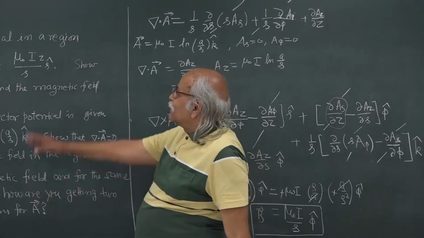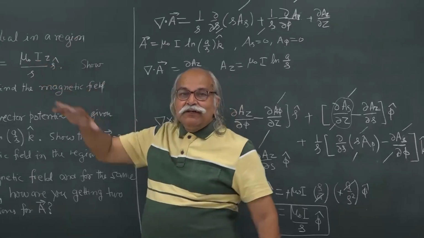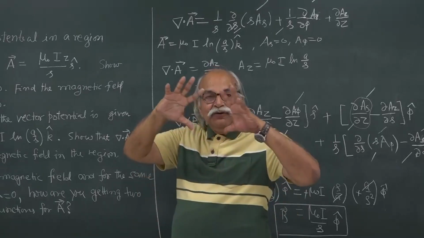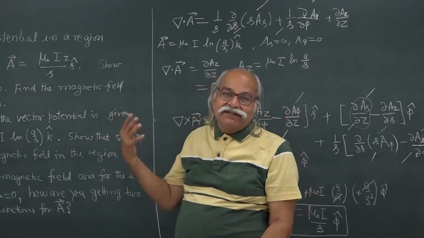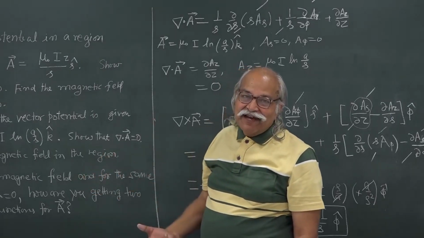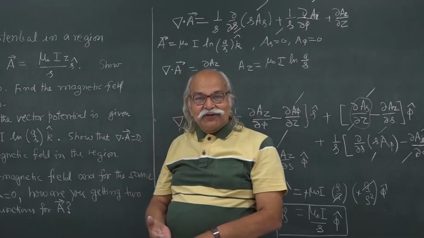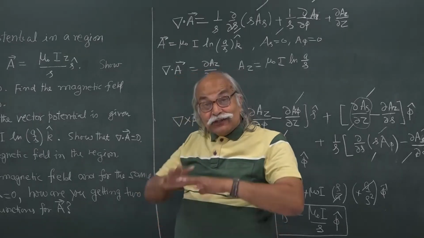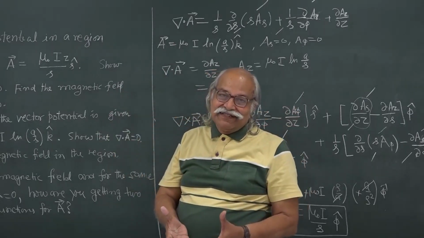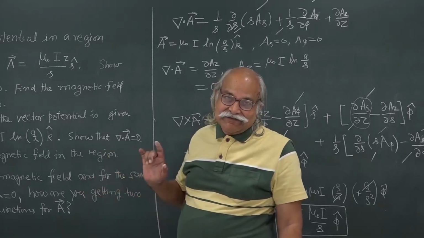This is valid in some region, but in this problem the values of A on the boundary of that region are not given. So for a vector to be uniquely specified, you need the divergence and the curl at all points in the region, and also the value of A on the surface of the region. Since that is not given, it is not unique.